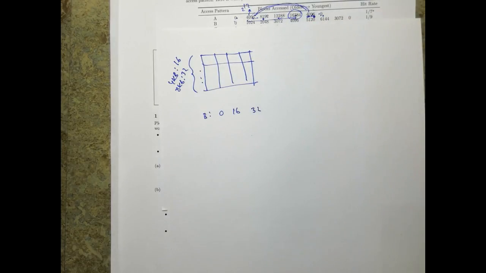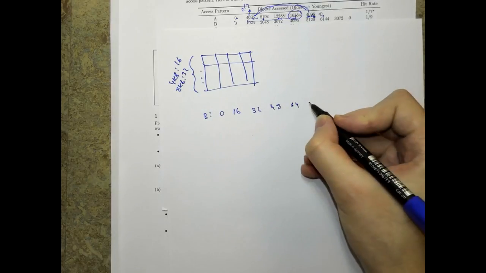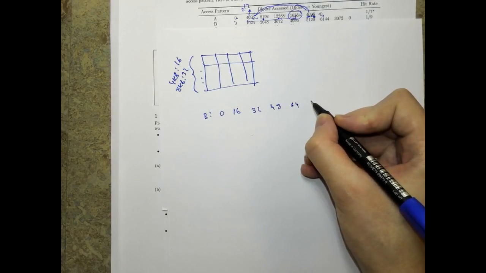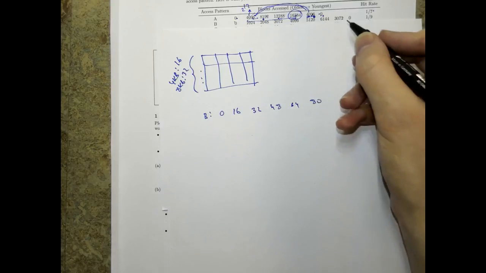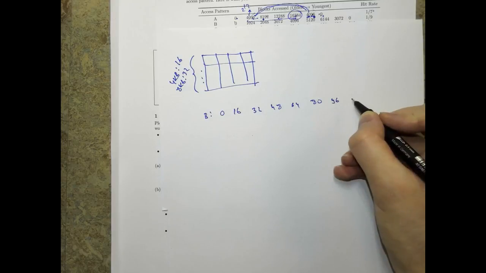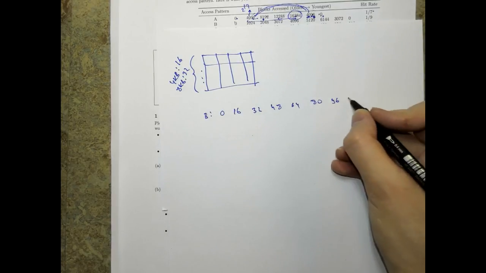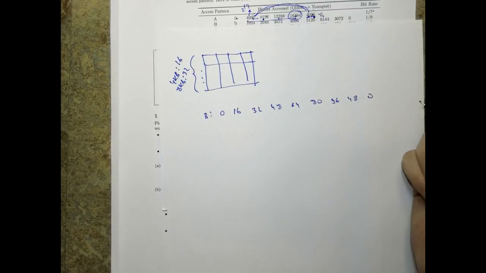What is this number divided by 64? 48? Yeah, 48. Then 64, is that 80? You were here, right? Yeah, this is 96. And then this was 48, and then this is 0, right?